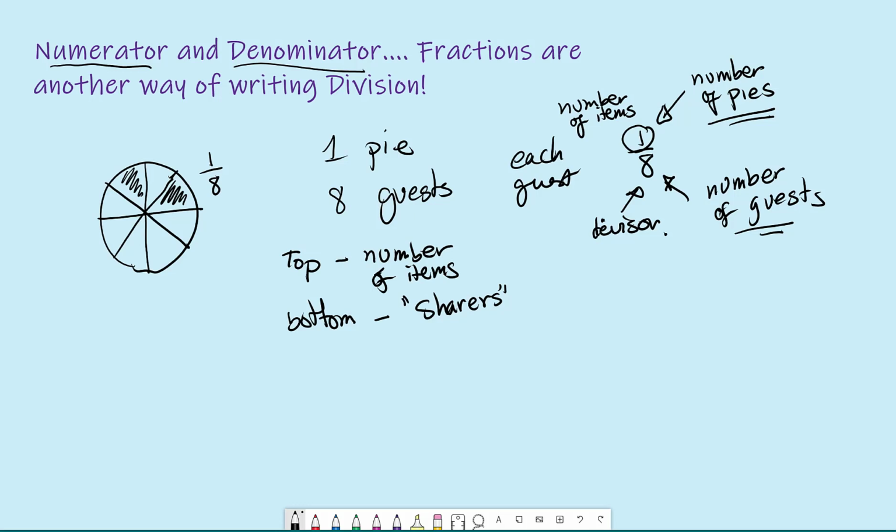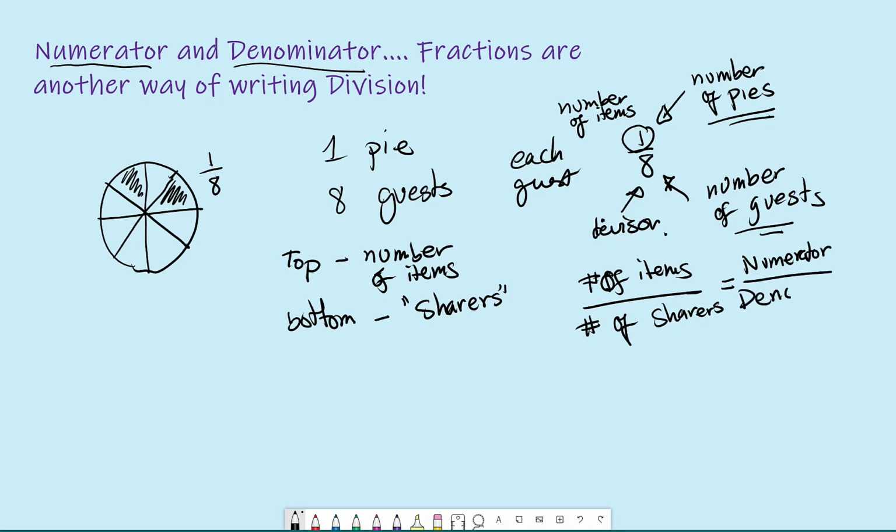We may have 4 kids sharing 3 cupcakes, and so on. The important thing is that on the top we always put the number of items, and on the bottom we put the number of sharers. Now, the mathematical words for these are the numerator, that goes on top, and the denominator goes on the bottom. And that is the explanation for these 2 numbers.